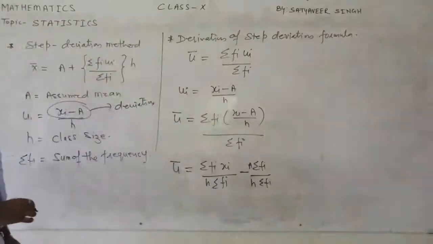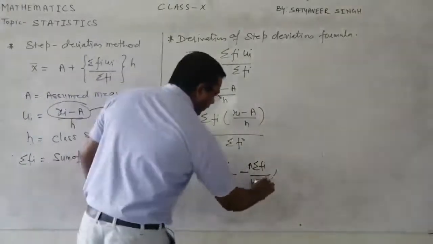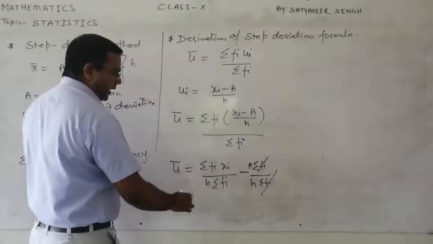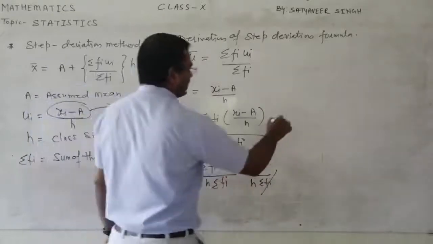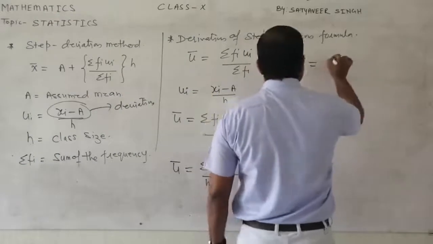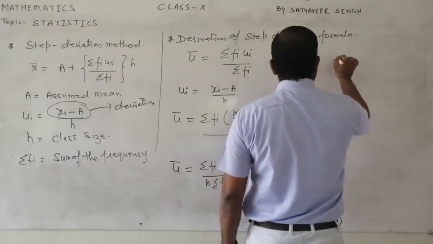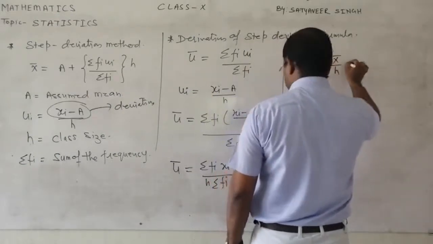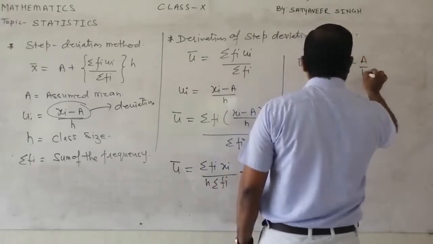If you simplify this, we can eliminate this and this using the shortcut method. So we can write the result: this is equal to mean upon h minus a upon h.